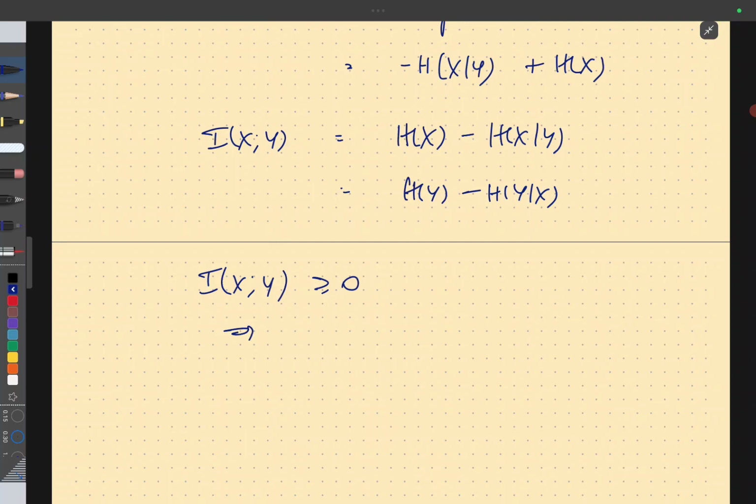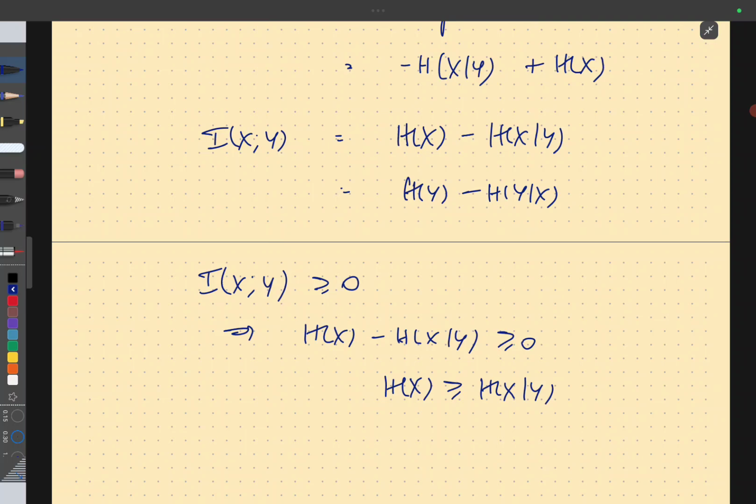And this basically implies that H(x) minus H(x given y) is greater than or equal to 0, or H(x) is greater than or equal to H(x given y).